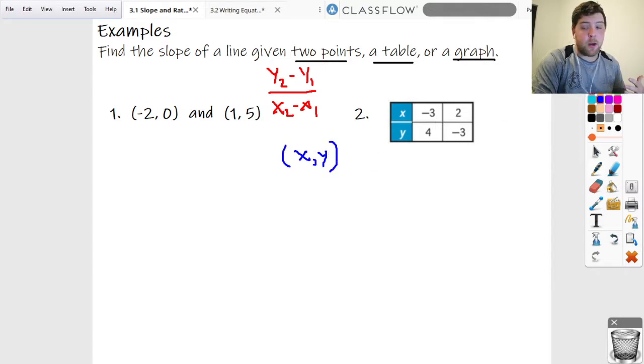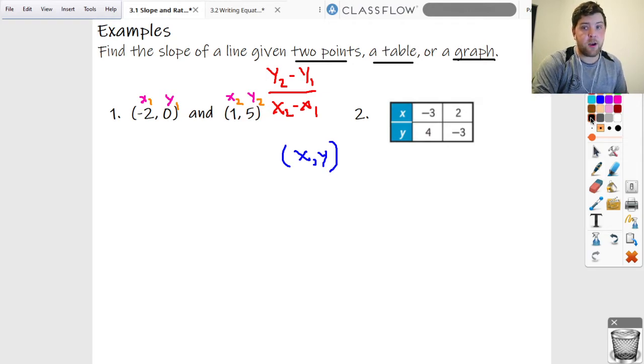And so what I would suggest you do anytime they give you 2 points is go ahead and label each one. So if this is an x and a y and an x and a y, I would just label this first one, that's my x1 and my y1, because that's my first point. Then I've got my x2 and my y2.